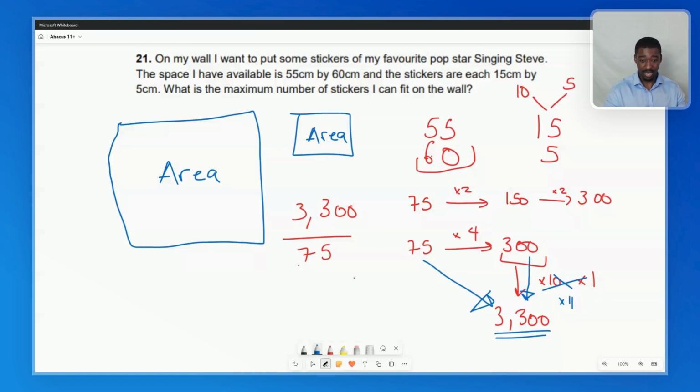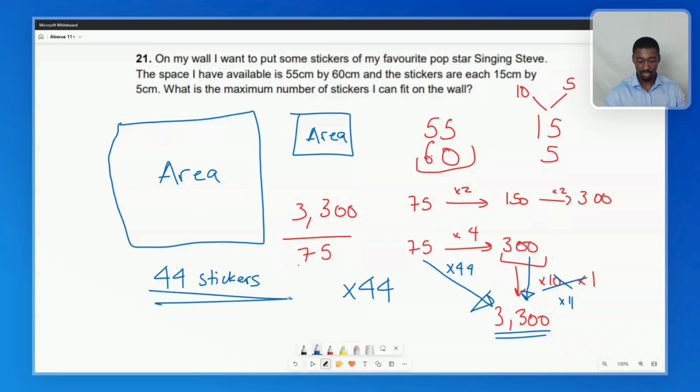Or in other words, it's going to be times 44. So 75 goes into 3,300 44 times. And that is a way to use mental maths to answer high-level questions efficiently and quickly. The answer is the maximum number is 44 stickers. And that can be the difference between getting the answer correct and finishing the paper versus running out of time.